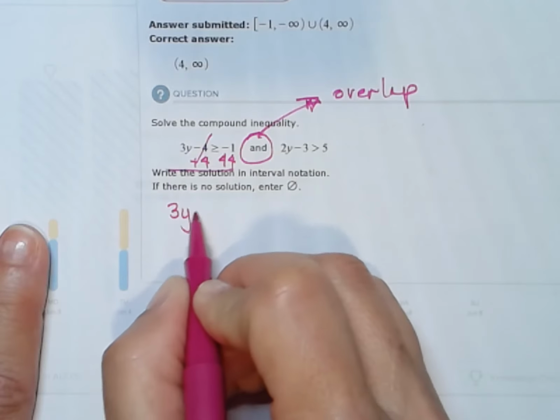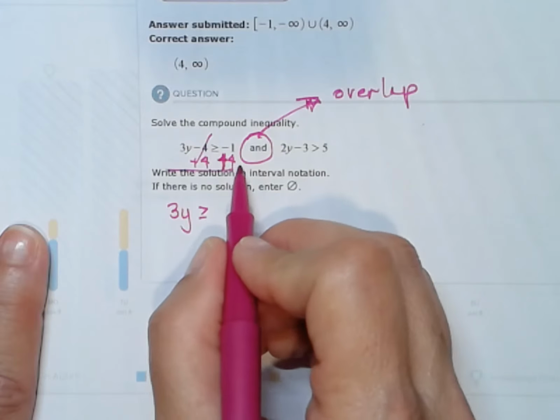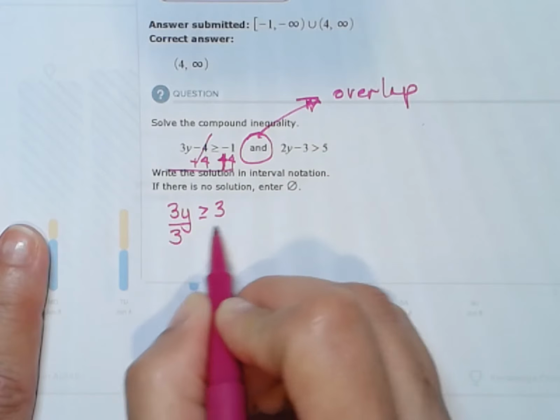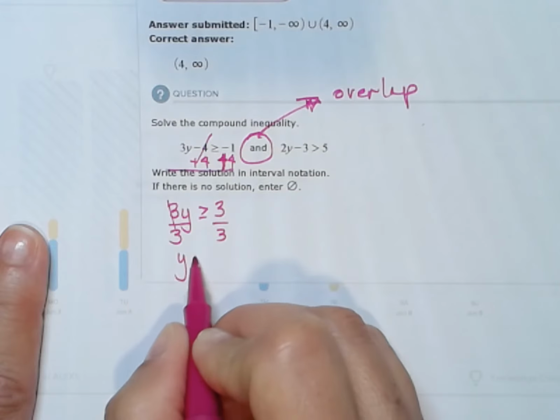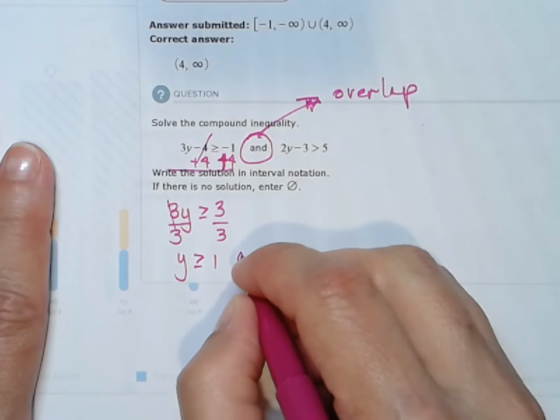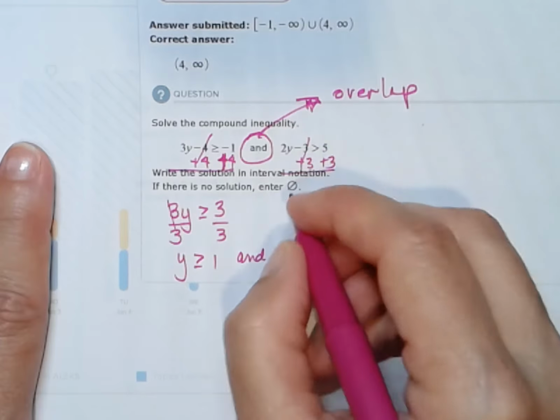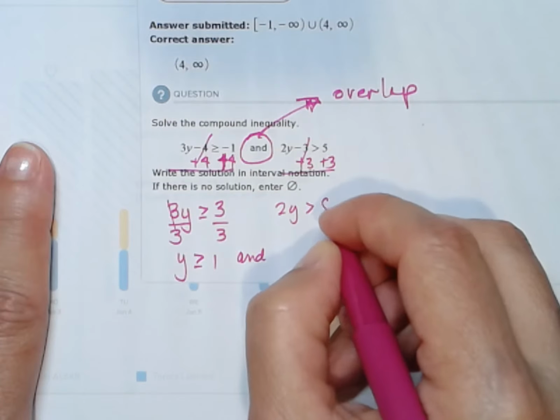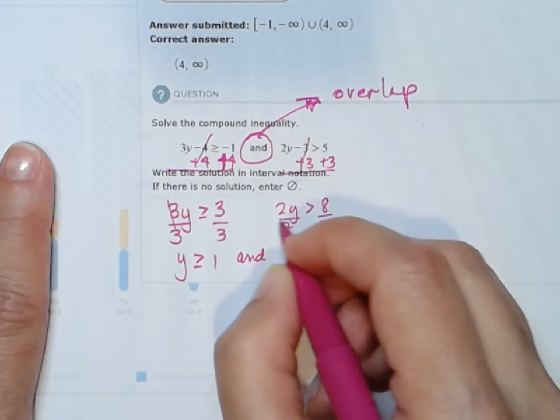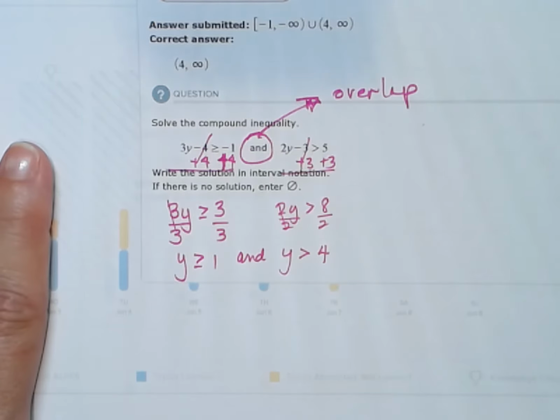So 3y is greater than or equal to -1 plus 4, which is +3. Divide by 3, so y is greater than or equal to 1, and add 3. So 2y is greater than 8. Divide by 2, so y is greater than 4.